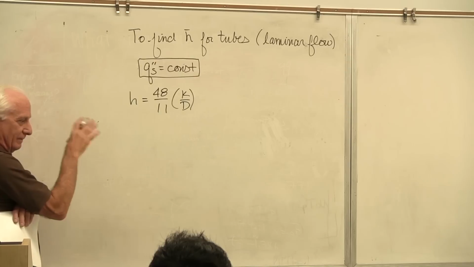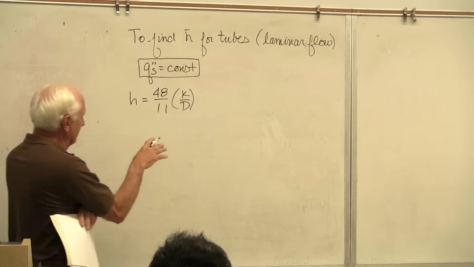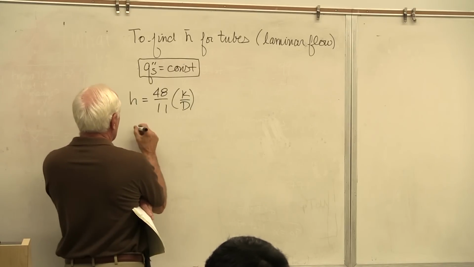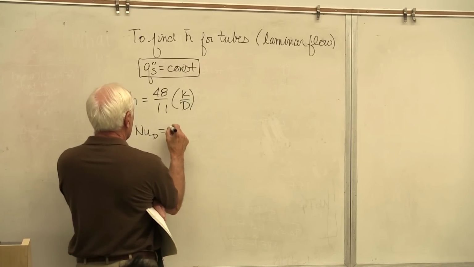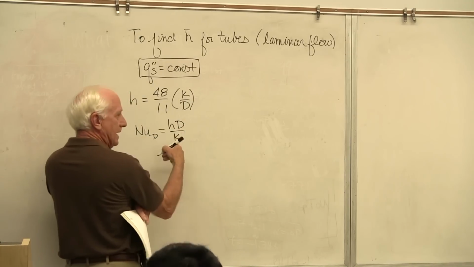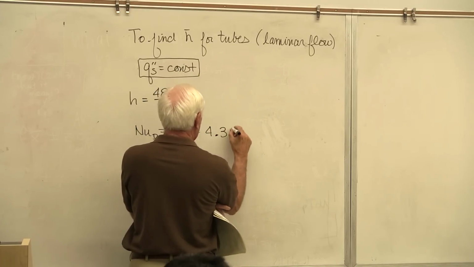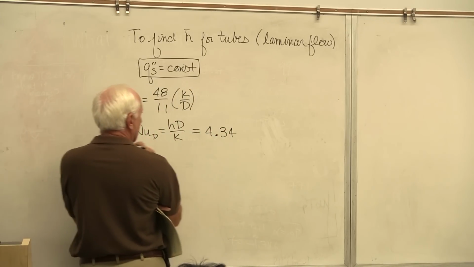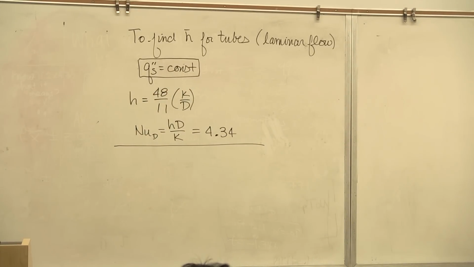When you go through that, you end up with a very simple equation. And if you want a Nusselt number based on diameter, which is hD over k, you get 4.34. It's just a constant value. It doesn't depend on Reynolds number.